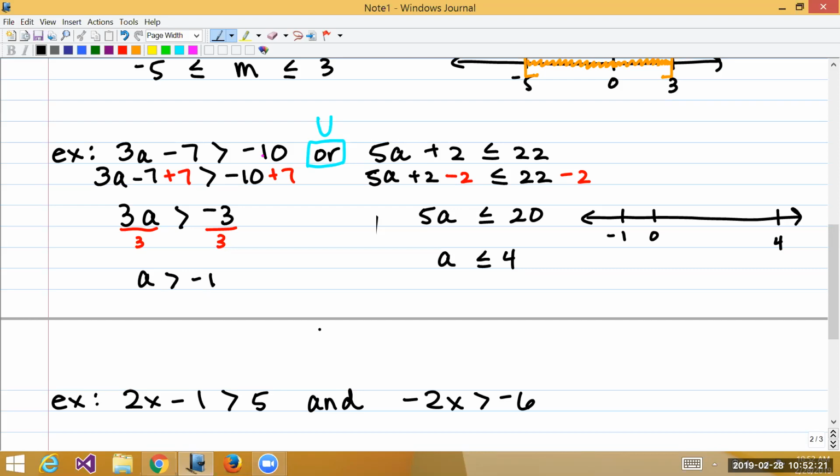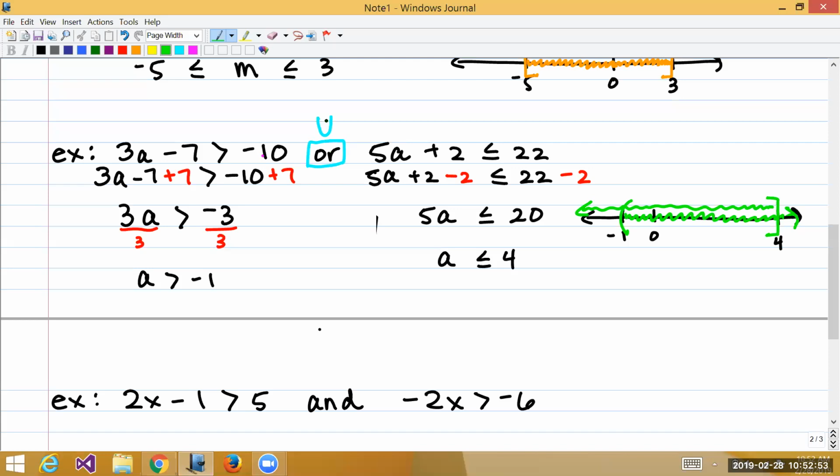So I want every number greater than -1, not including the -1. I'll shade all of this and put parentheses. Now I'll use the same color, but I'll just do it on top. Now I want every number that is less than or equal to 4. So that would mean starting at 4, which will be our endpoint, and going to the left.